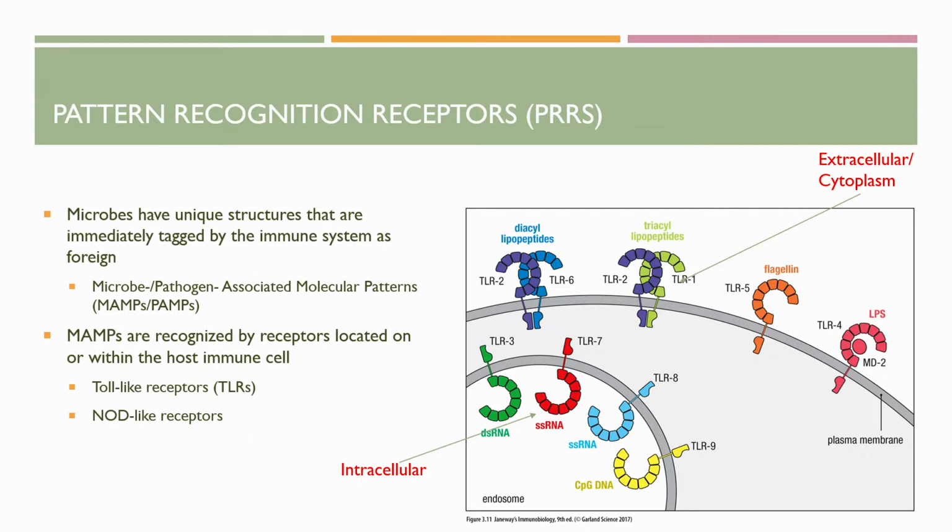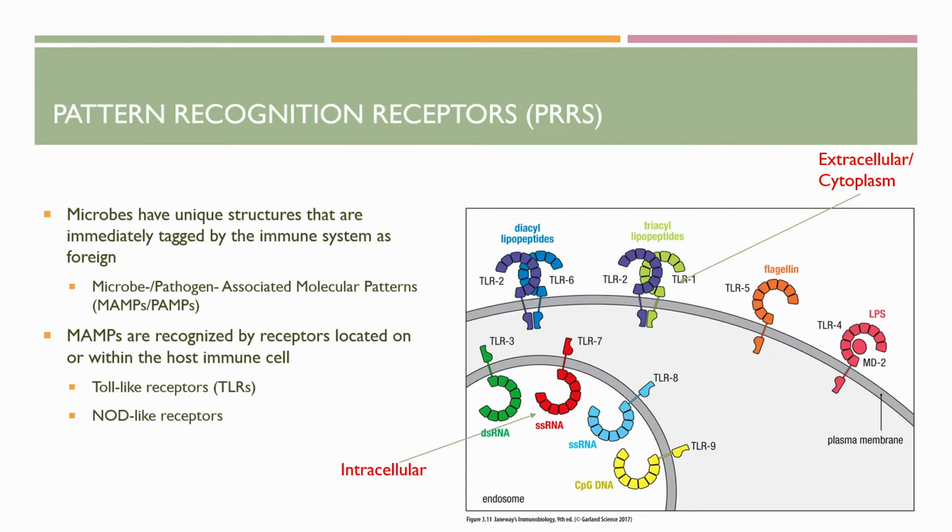The structure that the microbe has is the MAMP or PAMP. They're used interchangeably. And then the pattern recognition receptors are these TLRs, R for receptor, that are recognizing those things on the microbe. So for instance, remember we talked about the flagella. Flagella, it helps microbes do what?